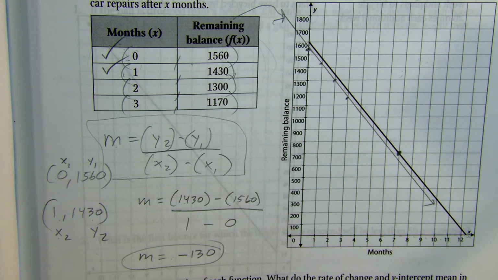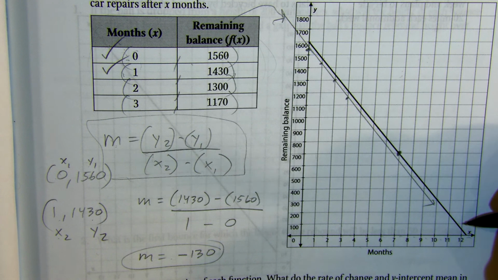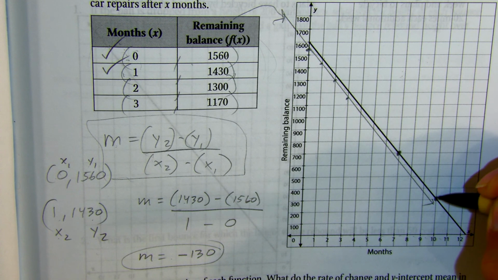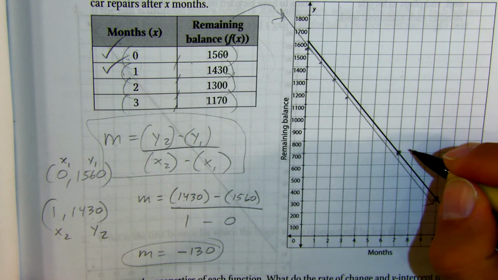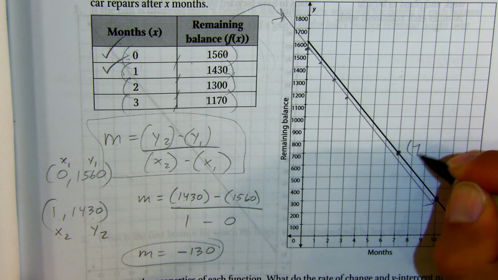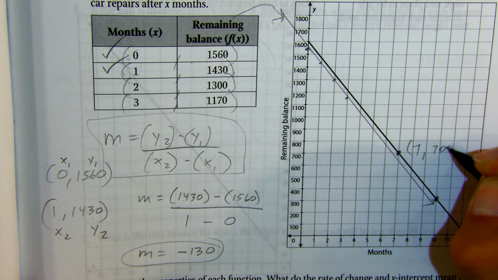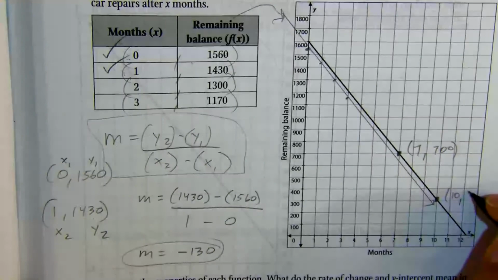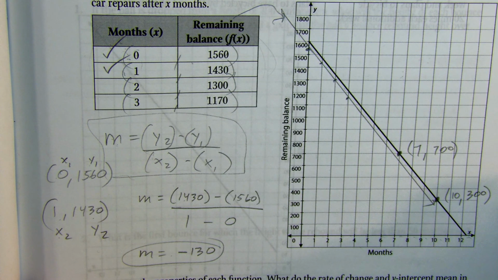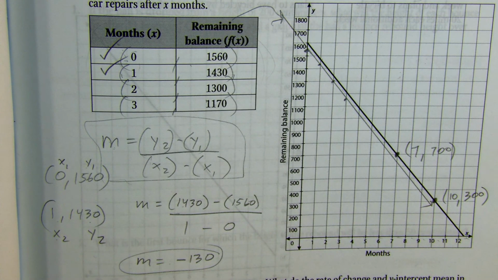So this point is at 7, 700. This point is at 10, 300. All right. Same process. x1, y1, x2, y2. Throw it into our equation. So we're going to put that right here.